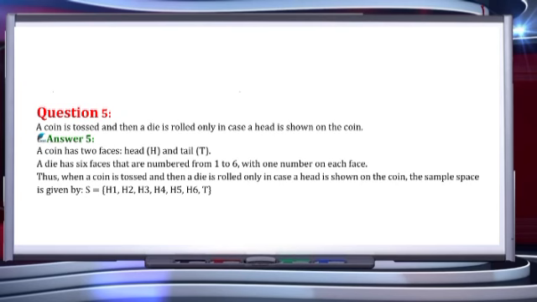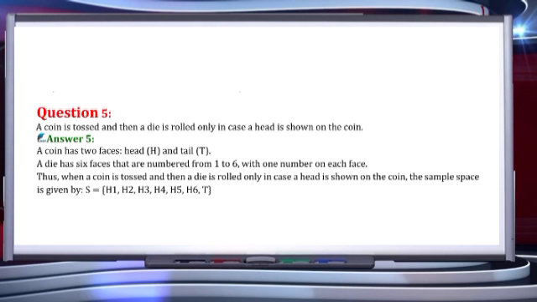Question number 5 is, a coin is tossed and then a die is rolled only in case a head is shown on the coin. So that means whenever head comes on the coin, only then will we roll a die. Here we know that the possible outcomes for a coin are head and tail.